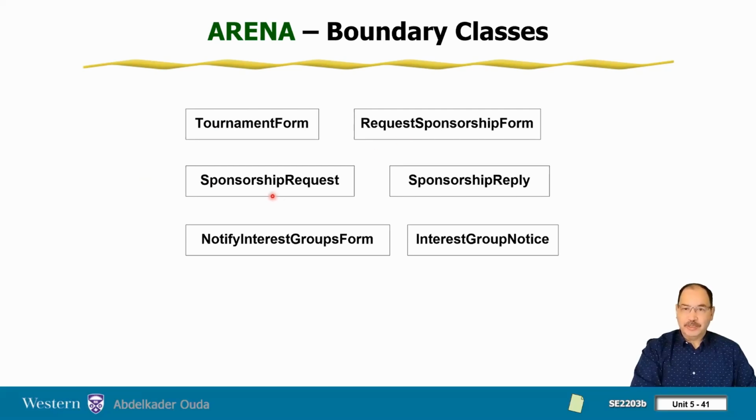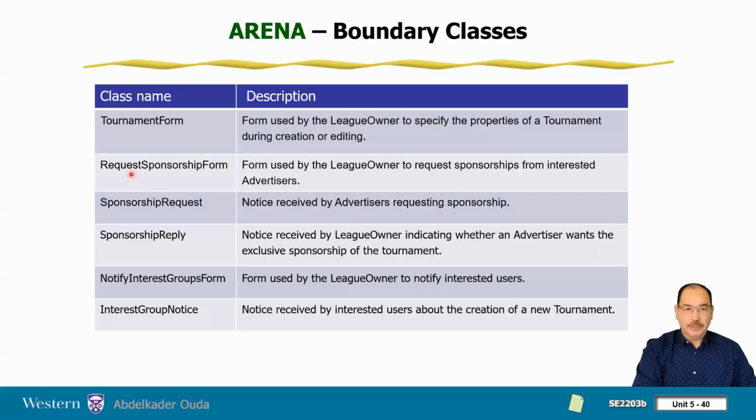Again, this is when you say the system asks, the system prompts. A sponsorship reply, notify entries group form, entries group notice. The naming you can choose the way you like, but it should have meaning. When you describe it, make sure that you describe it based on the requirements, not just any random thing.